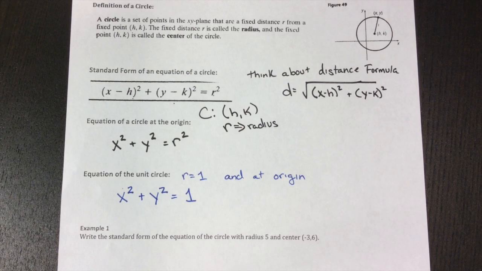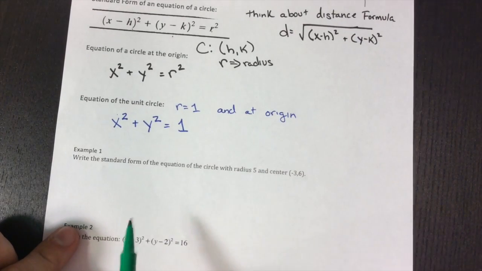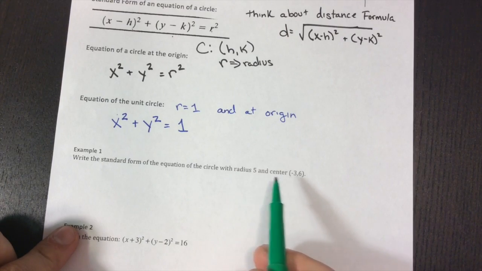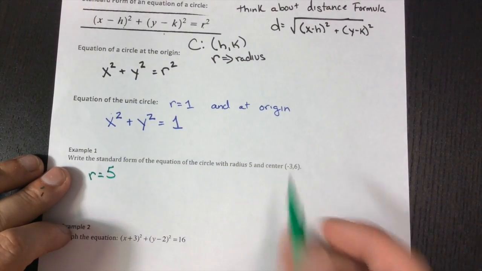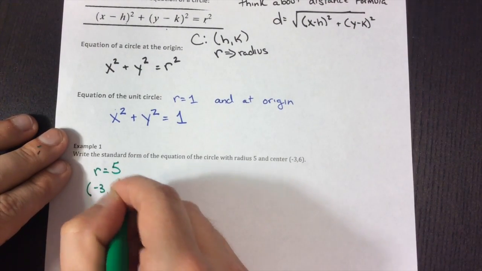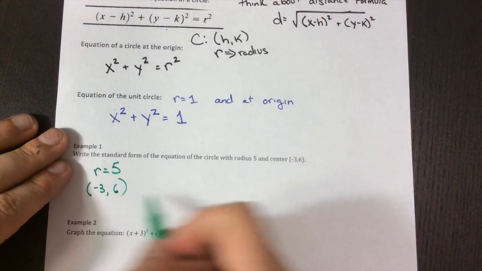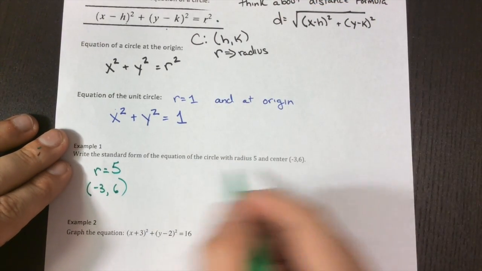So that's the basic information that we need to know about a circle, and then off that we'll do a bunch of things. Let's do a couple examples, and then you guys are going to work through this in class. First off, let's just write the standard form of the equation with radius 5. R is equal to 5, and my center is (-3, 6). Looking back up here, I'm going to plug in -3 and 6.